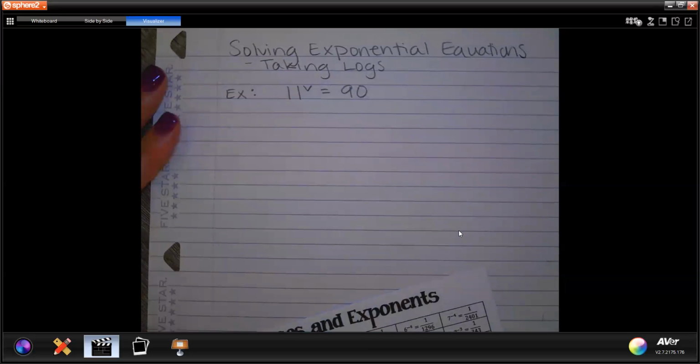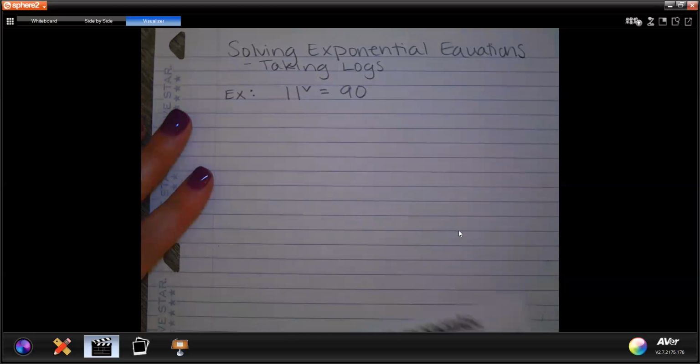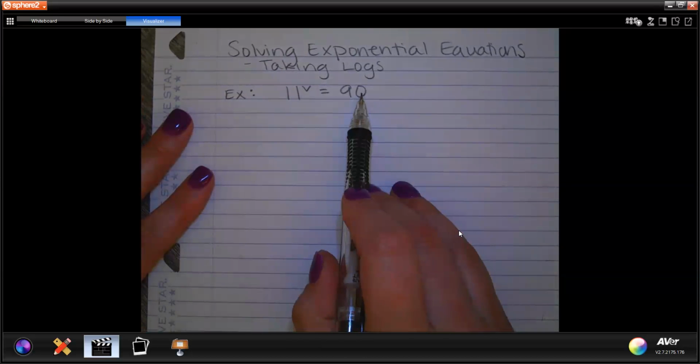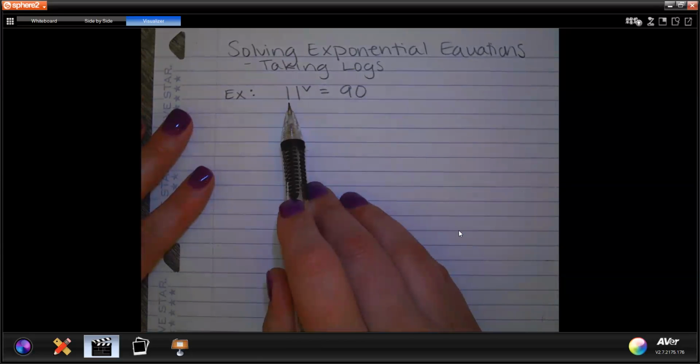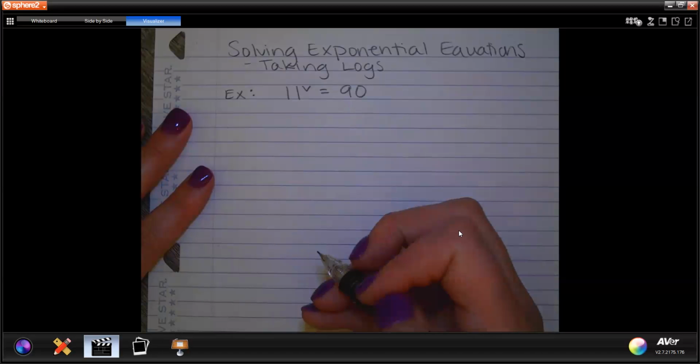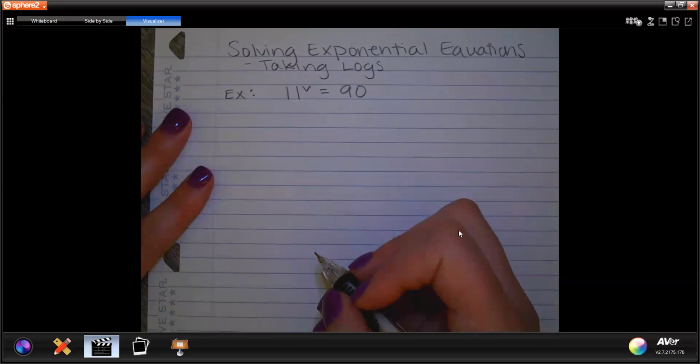So I talked to you guys the other day about inverse operations, add and subtract, multiply and divide, square and square root. And I said that the newest inverse operation that we had is logs and exponents. So if we have an exponential equation with a base of 11, and we want to undo that base of 11, then we're going to log base 11 each side.